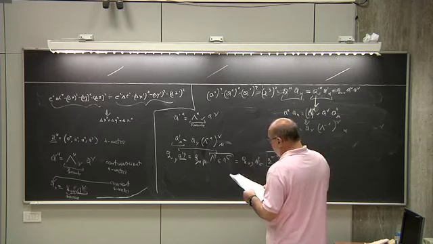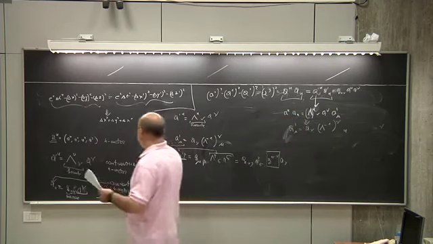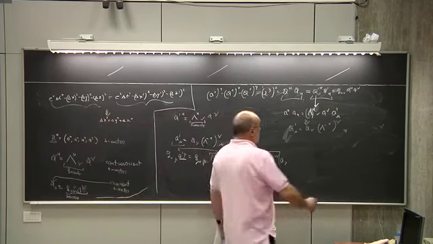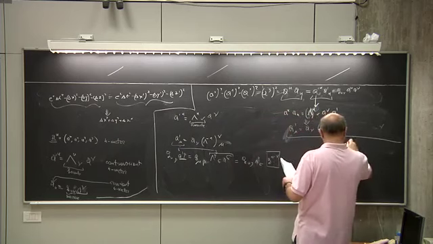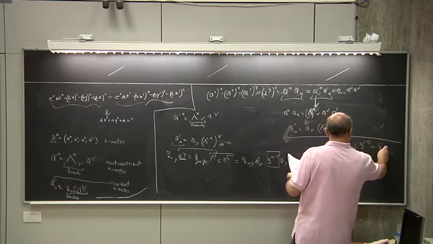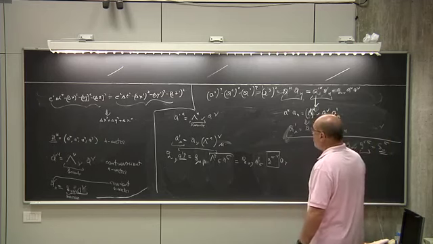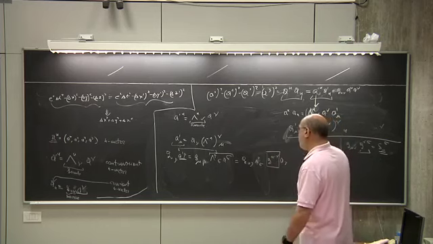I will come in a moment to how to define this object. This object, the metric with both indexes up, is defined in the following manner: g_μν g^νσ is equal to δ_μ^σ, where this is the identity. So this is the definition, if you want, of this object that is the metric with both indexes up.